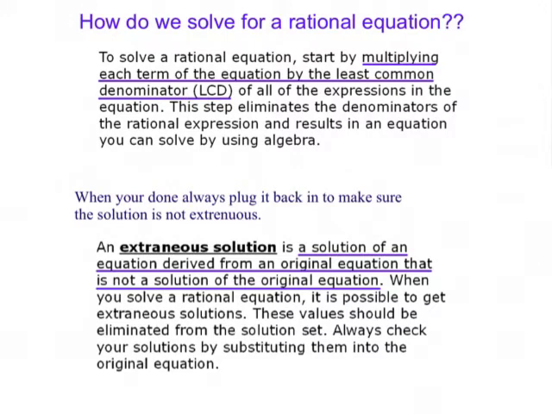Now, when we're all done solving it, then we're going to plug it back in, and that's very important. We're going to plug it back in to make sure it's not extraneous. And that's one of our vocabulary words for today. What is extraneous? An extraneous solution is a solution of an equation derived from an original equation that is not a solution of the original. In other words, we plug it back in and it doesn't work.